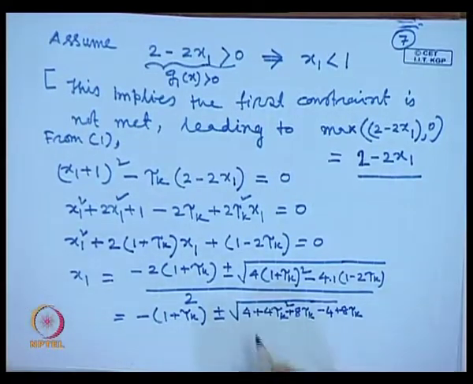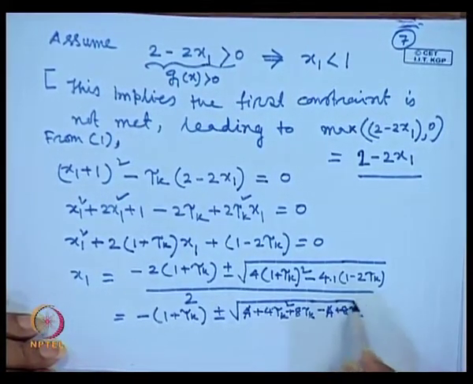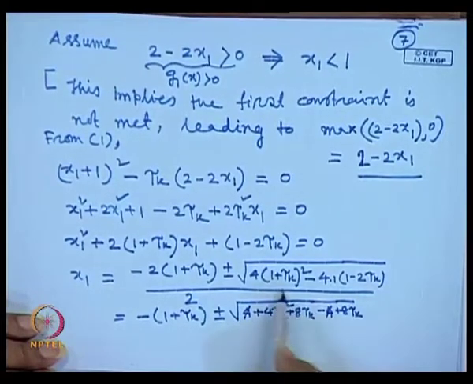Agree? So, this cancelled, and this 4 tau square, 4 tau square, and this is the 8. What is this? 2 8, and this is 4 into 2 8 plus 16.